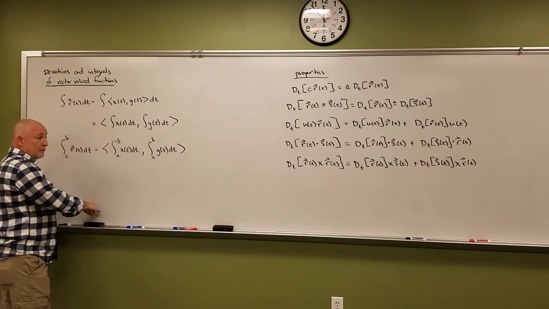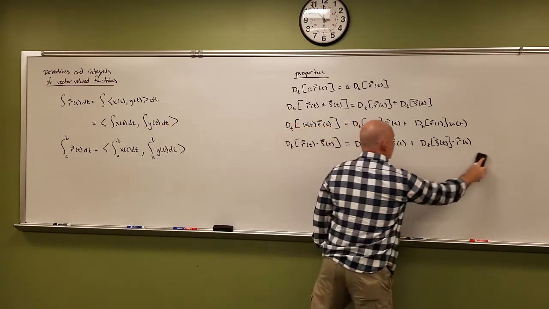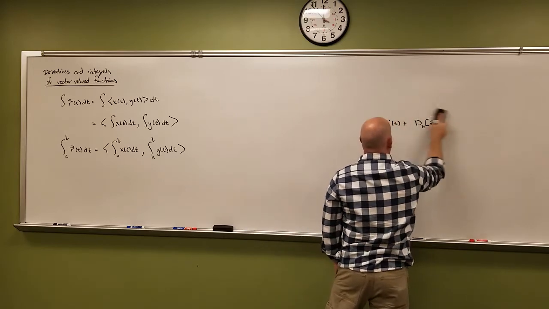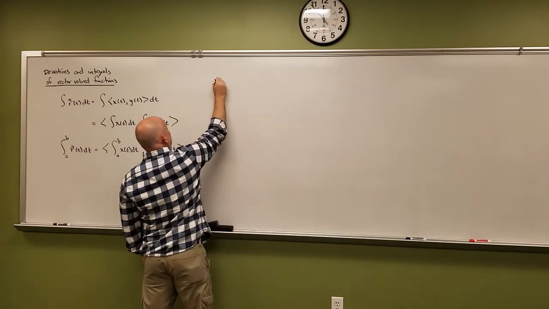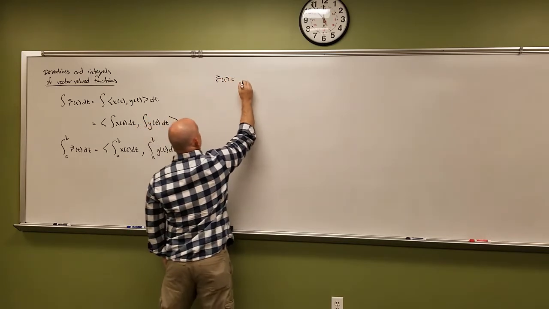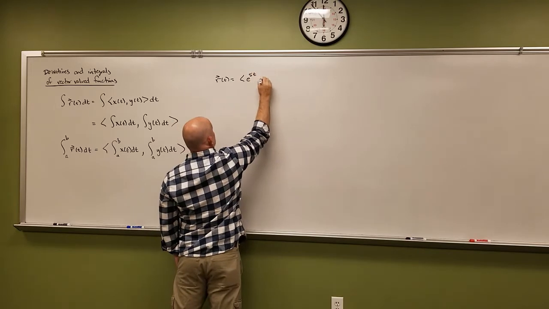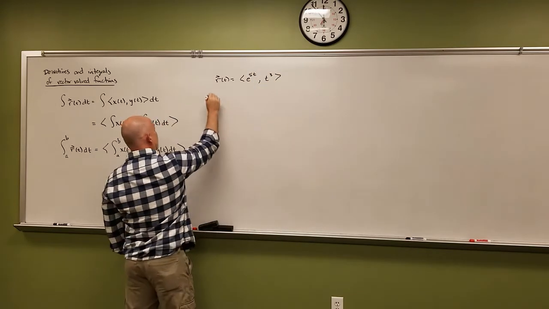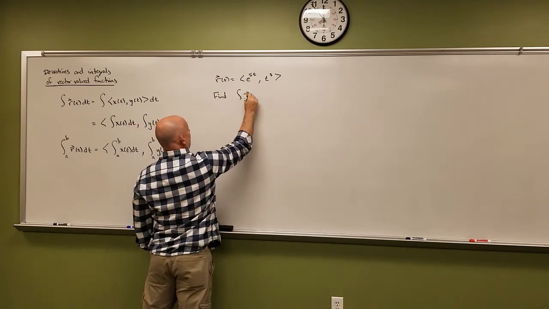All right, let's take a look at this and see the one weird thing that comes out of this. It's when we're dealing with indefinite integrals that it's a little bit interesting. Let's do something real simple. Let's say I gave you r of t equal to e to the 5t comma t cubed, and I said find the integral of r of t.